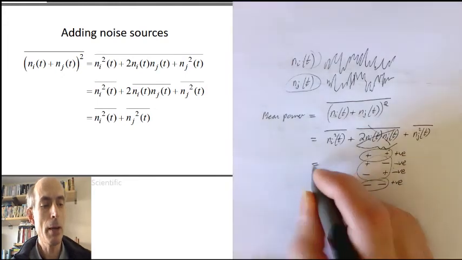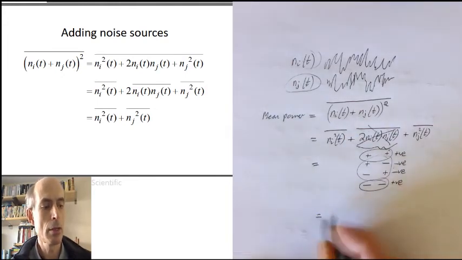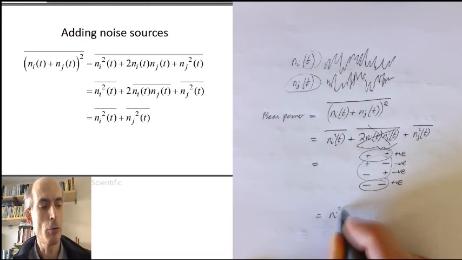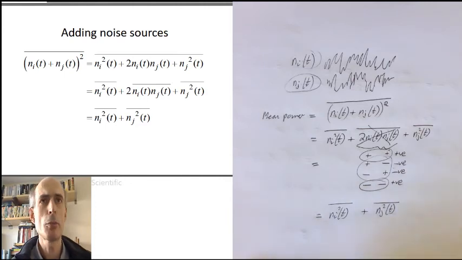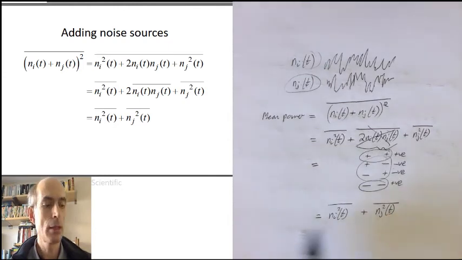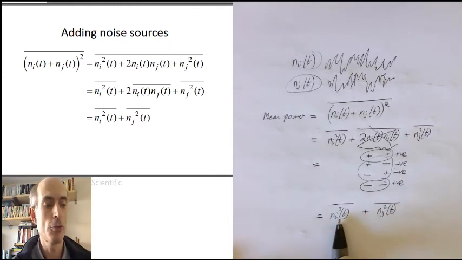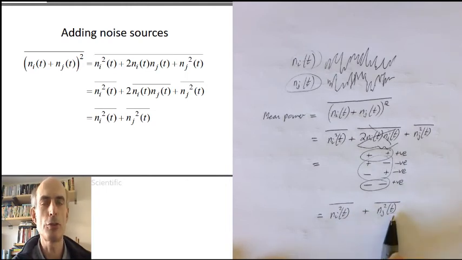So the mean power is just the power in the first waveform plus the power in the second waveform. In other words, if we're adding noise sources, we need to add their powers. The mean power in the sum is the sum of the powers in each of the two sources.